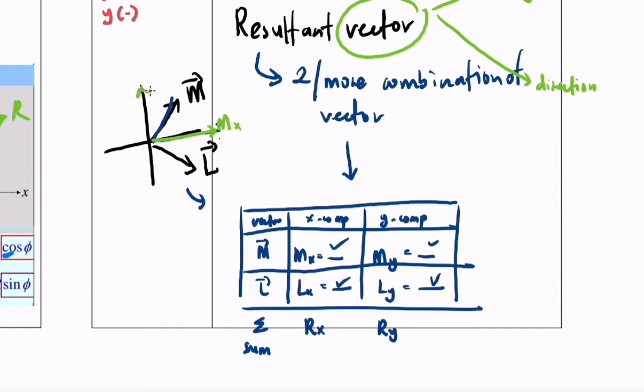Mx, and here we will have My. Usually it will give theta here, and here we will also have Lx, and we will resolve this to Ly. So this is the drawing from before.